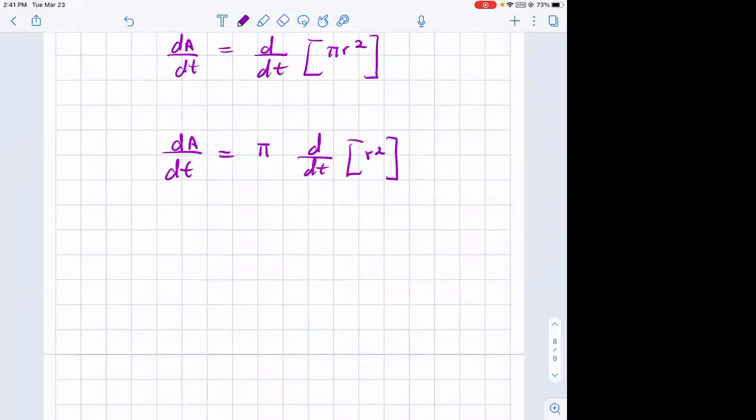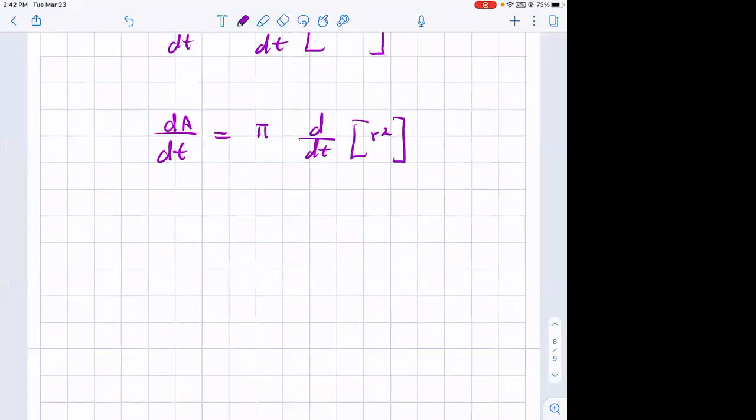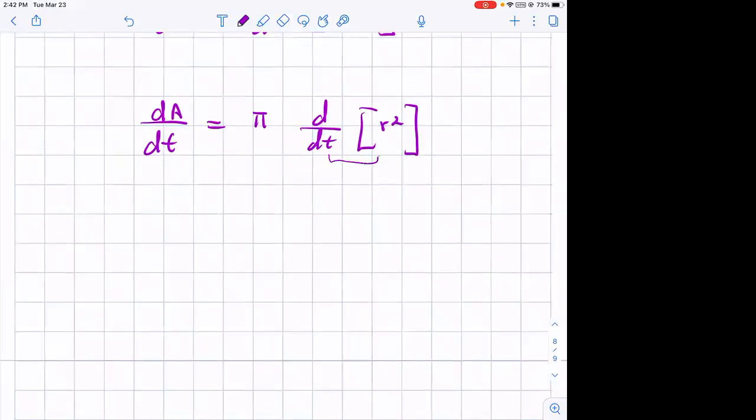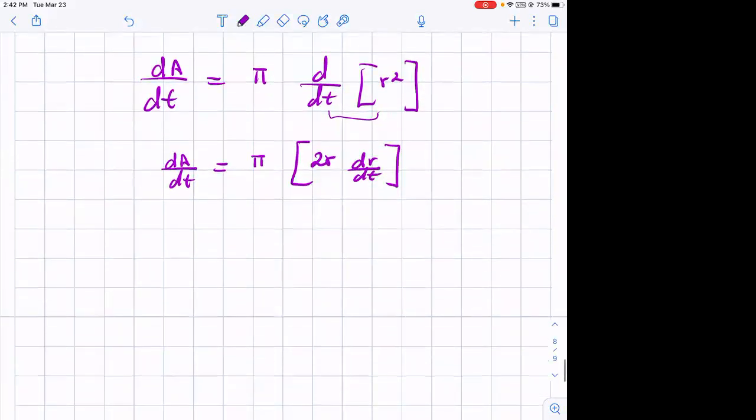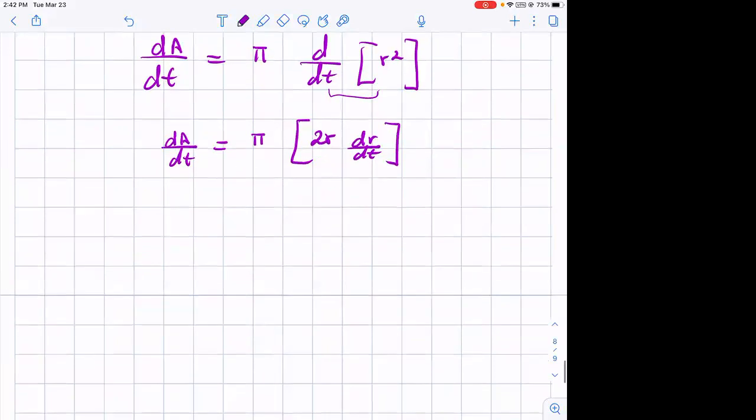Okay. Now, since these variables are different, we have dA dt is equal to pi, right? And then we have 2r dr dt. But remember, a lot of stuff here is given to you, right?